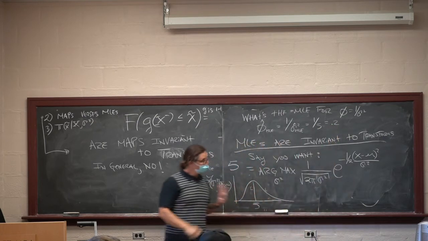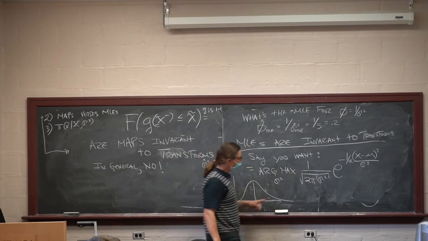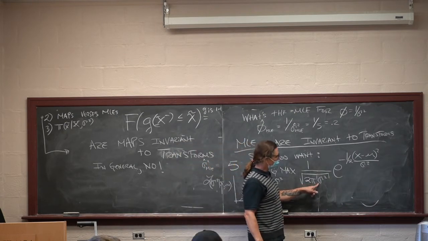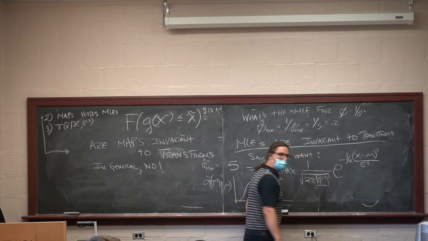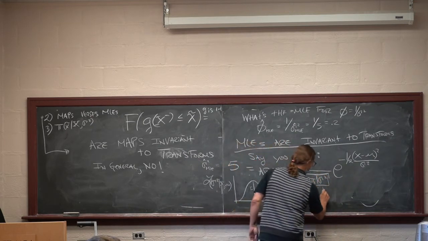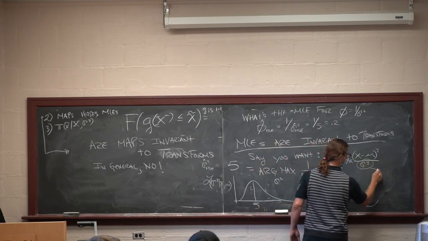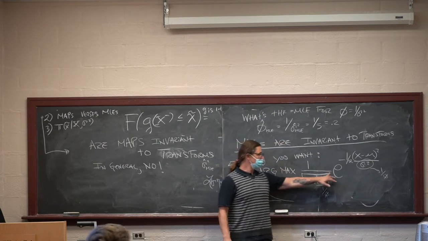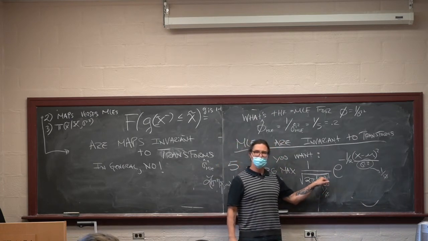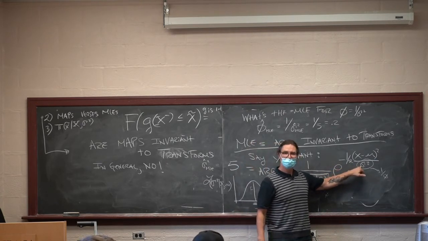That's what it means. Let's see if we can convince ourselves that that's true. I know that this function peaks when this thing is a 5. But now I'm going to rewrite this in terms of 1 over v. I know that this function peaks when that thing is 5.